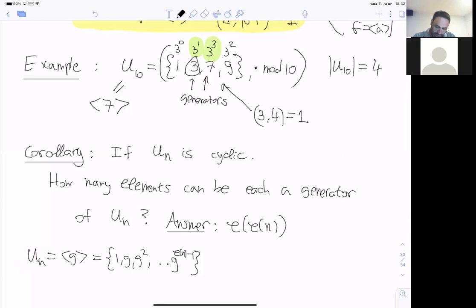Okay, for example, here, it was phi of phi 10, which was 2. So we can know how many elements can each one alone produce the whole group.